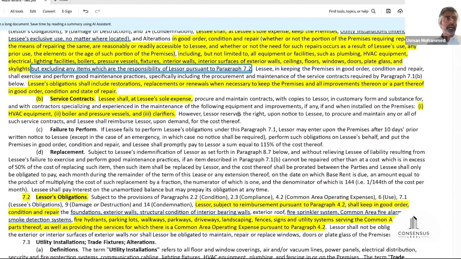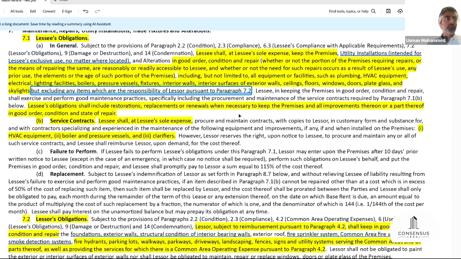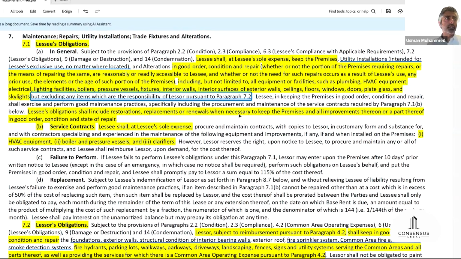Okay, so we've talked about the key general rule. We've talked about deviations from the general rule. An additional item that I want to address is replacement.